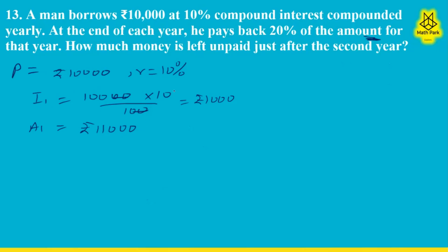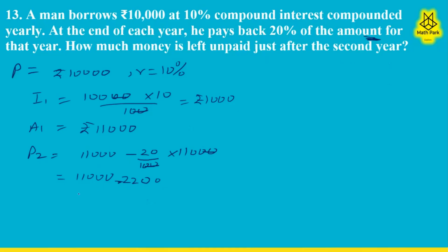Out of this, he repays 20% for the amount for that year. So the principal for the second year is going to be this 11,000 minus 20% of 11,000. So, which is 11,000 minus 11 twos are 22, 2,200.